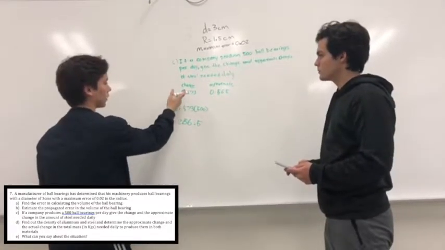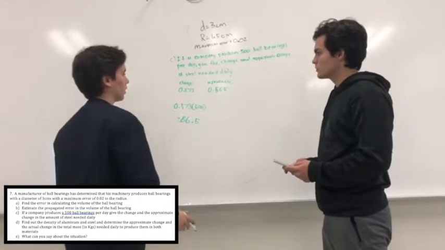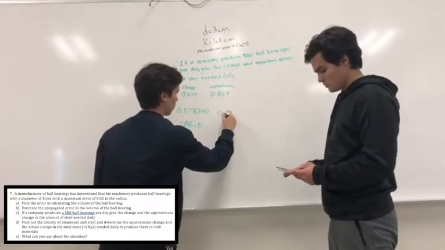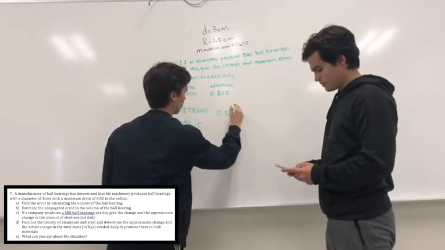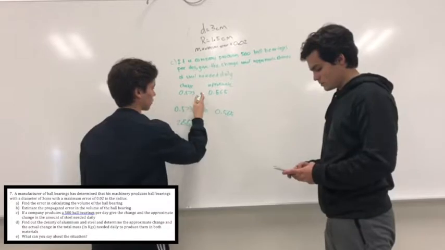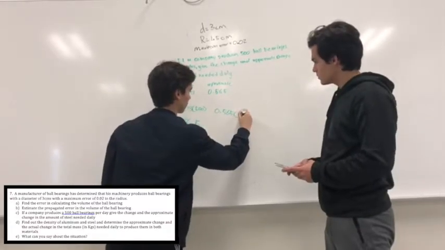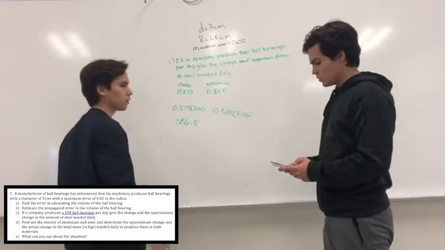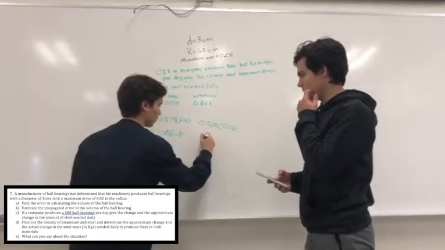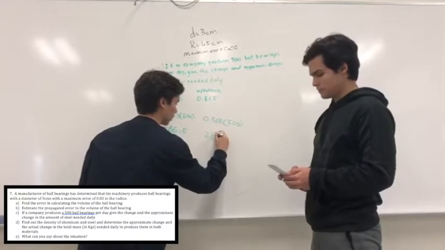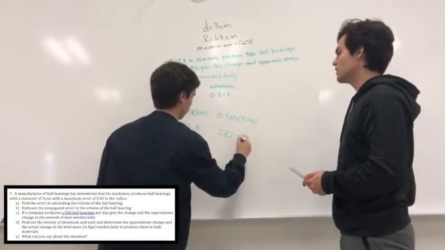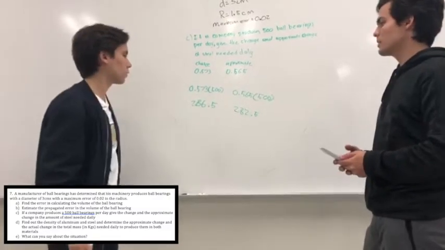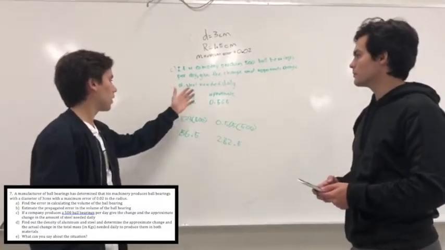This is our exact change, and now we have to find the approximate change, which we basically do the same, which is 0.565 with our approximate change instead of our actual change, multiplied also by 500, which should give us a similar number. 282.5. The difference is basically 4, and it's basically the same. This is our approximate and actual change.